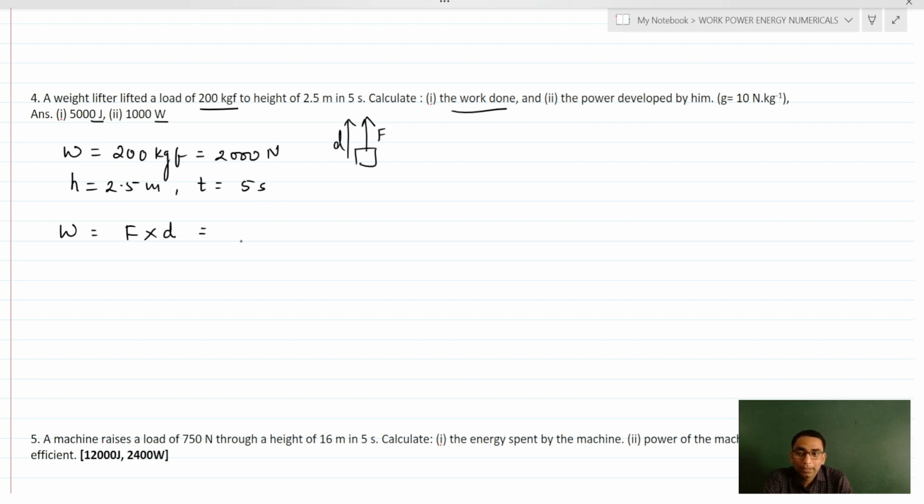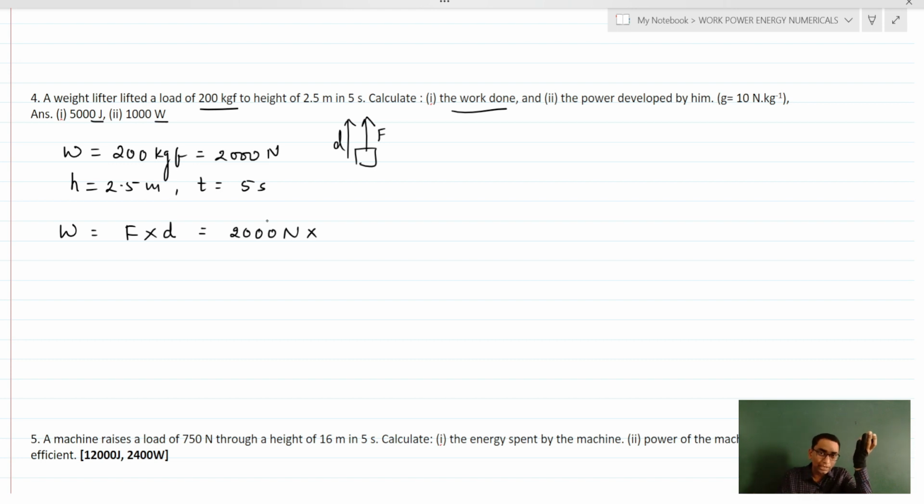So force multiplied by displacement: the force is 2000 newtons, which is the weight lifted by the lifter himself. The work is done basically by the weightlifter, and that way the work done is the loss of energy from the body of the weightlifter, and that loss of energy is credited into the potential energy of the weight, because the potential energy of the weight is increasing.